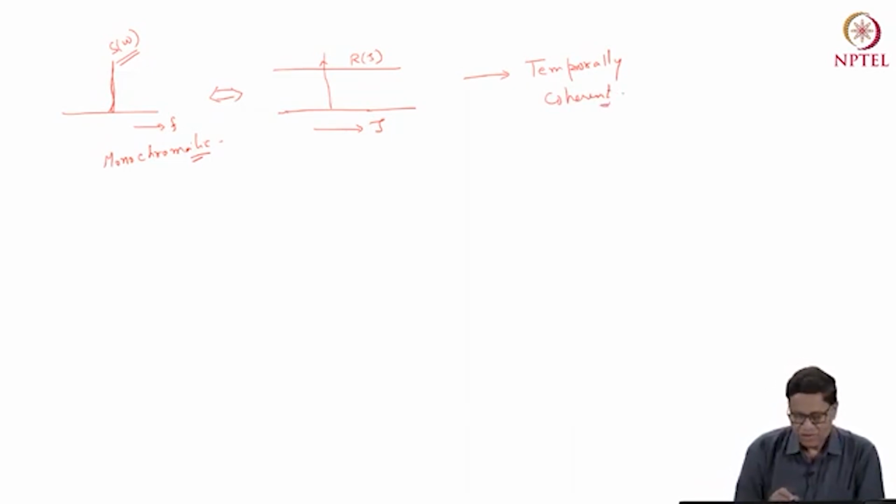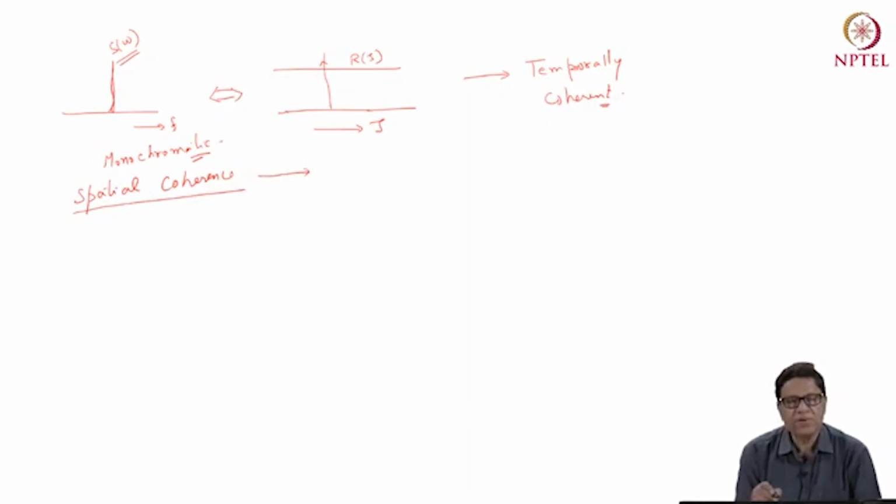Okay. So now let us try to understand spatial coherence. As I explained earlier, coherence is of two types, temporal coherence and spatial coherence. I have discussed temporal coherence, and now let us discuss spatial coherence.